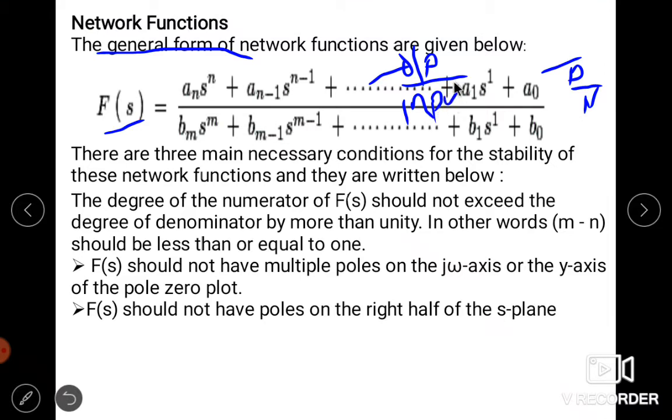So this function is the ratio of the output phasor and the input phasor. This is the main criterion behind it.